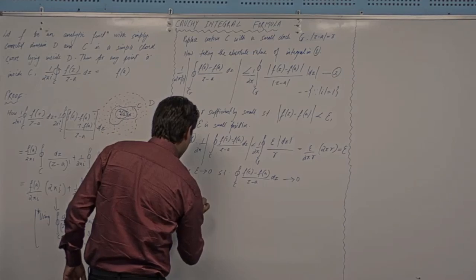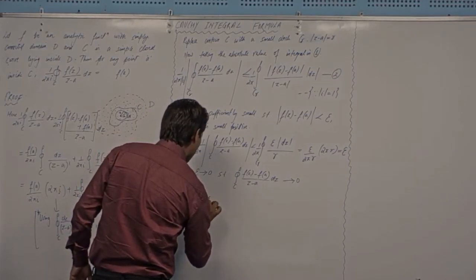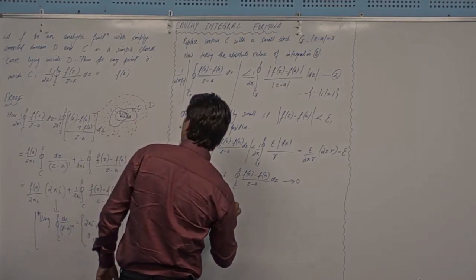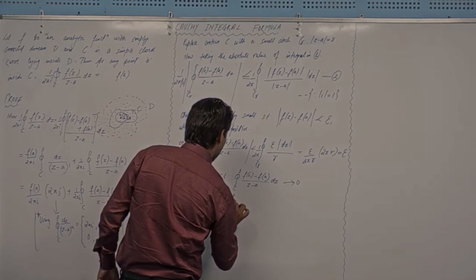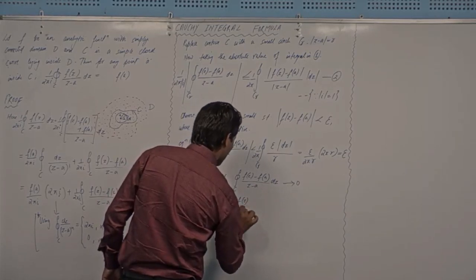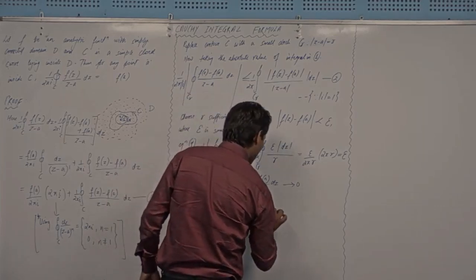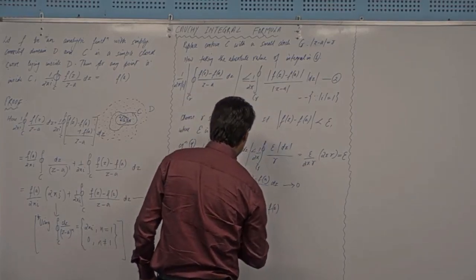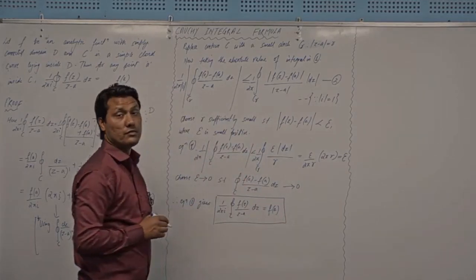Therefore, equation 1 gives 1 over 2 pi eta times the integral over C of f(z) over (z minus a) dz equal to f(a). This is called Cauchy's first integral formula.